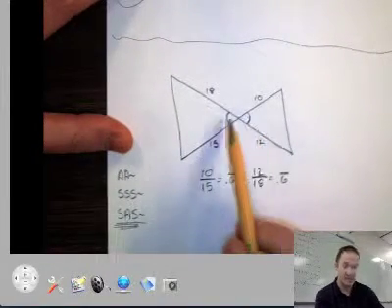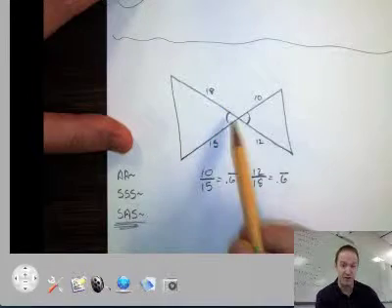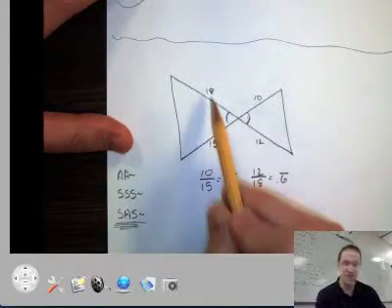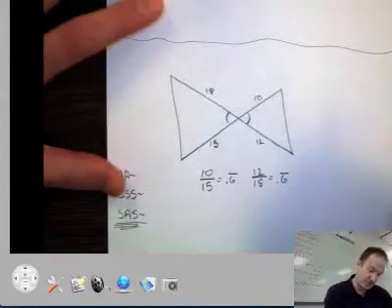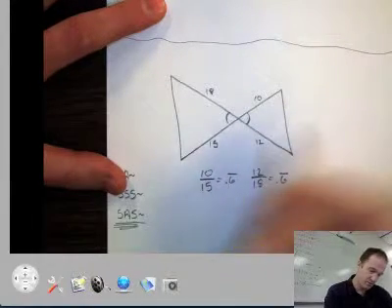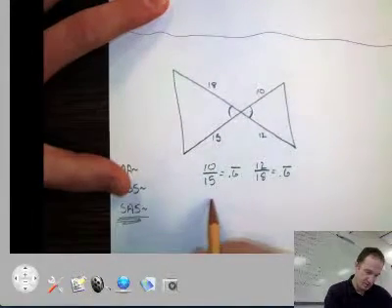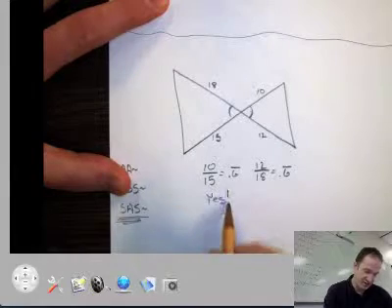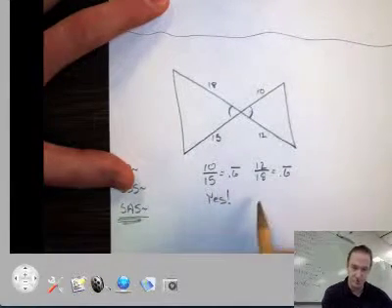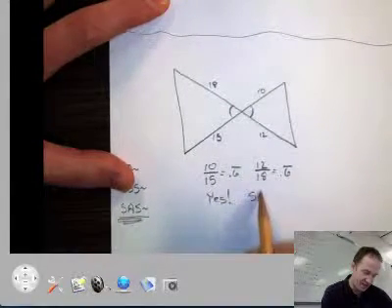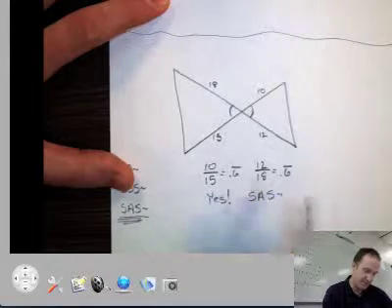We have one pair of angles in between those sides that are the same. So yes, these are similar. And the reasoning is side angle side similarity.